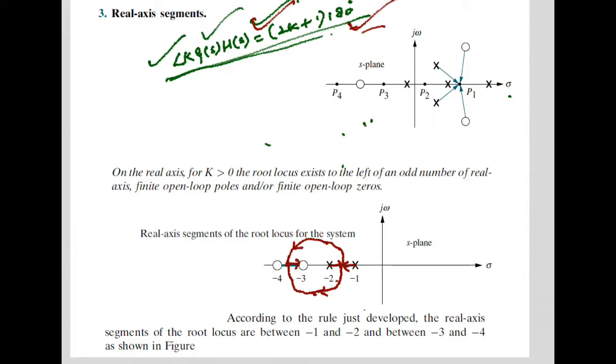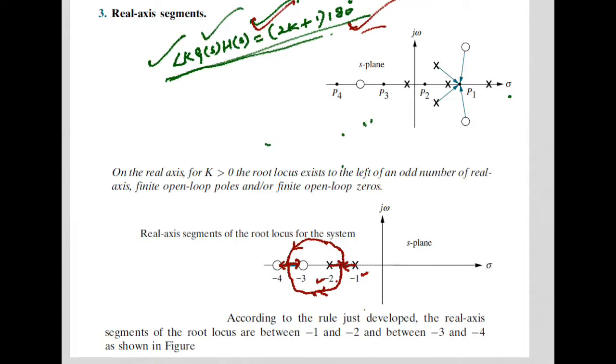So the poles start at -1 and -2, meet somewhere between these two, and then move as complex conjugates, one upward and one downward. They meet again somewhere between the two zeros, -3 and -4, and end up at the zeros in opposite directions.